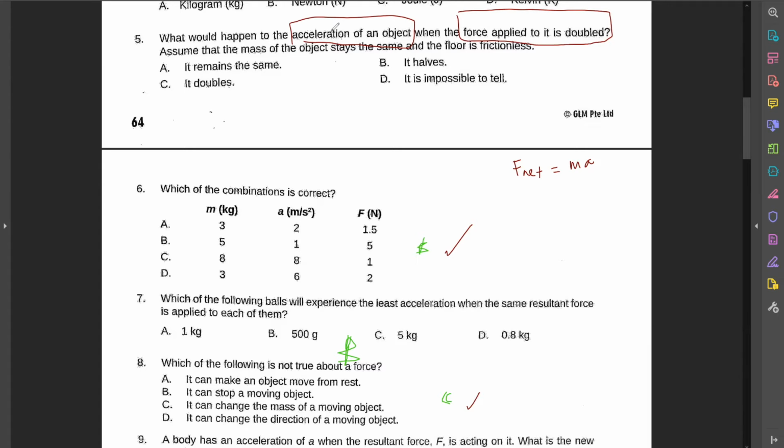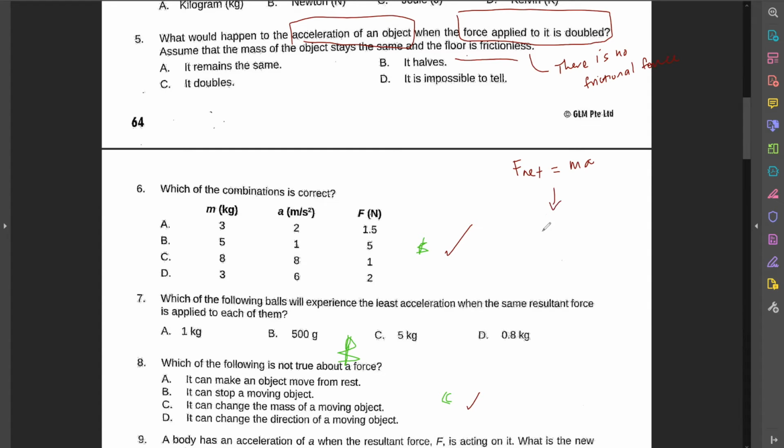Assume the mass of the object stays the same and the floor is frictionless. Frictionless means there is no frictional force.